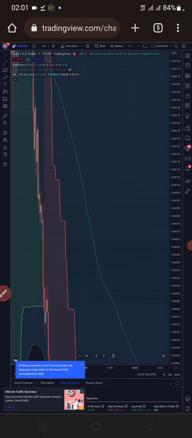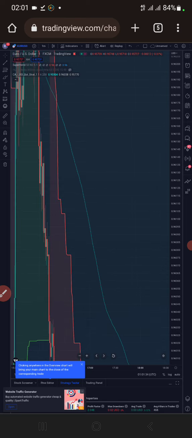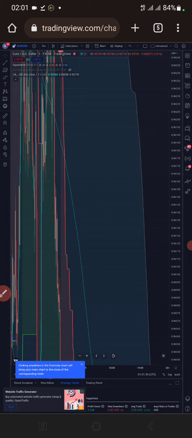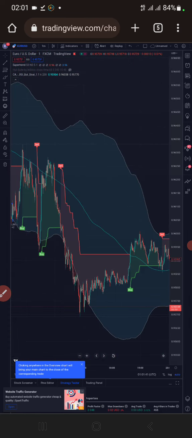If you have a 20 moving average, then the two other lines are just two deviations from the middle, or you can have 3, or 1.5 deviations from the middle. But this one works differently.